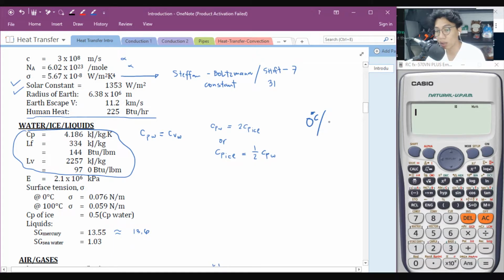Kapag naman English units, that is 32 degrees Fahrenheit. Ngayon naman, 970 BTU per pound mass, you have 970 BTUs of energy in order for you to turn 1 pound of water into vapor at 100 degrees Celsius yung boiling point ng water sa SI. This is 212 degrees Fahrenheit kapag sinabing English units. Okay? Yun.